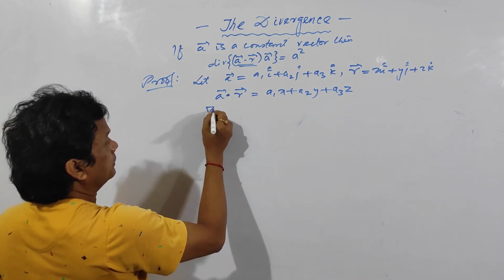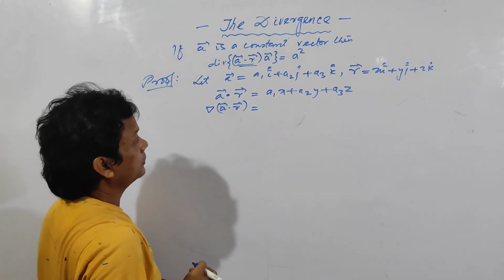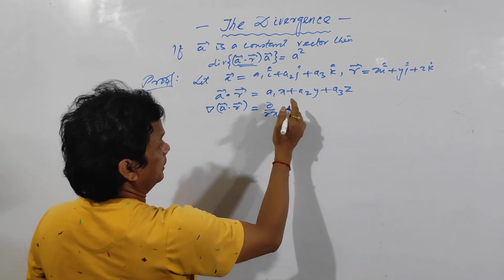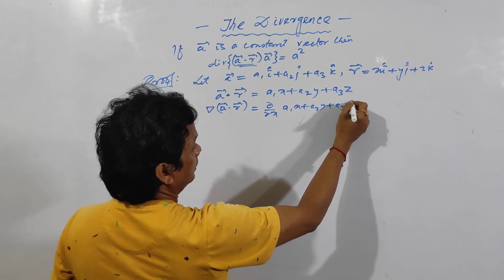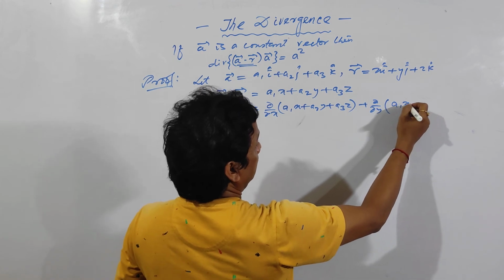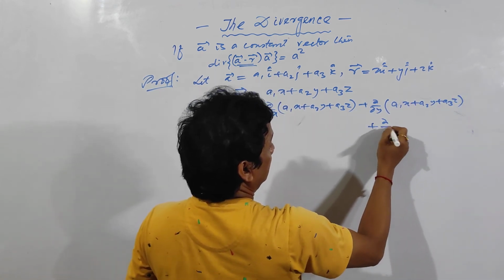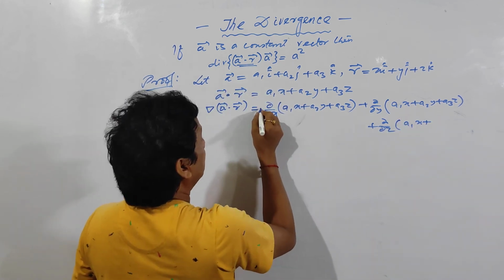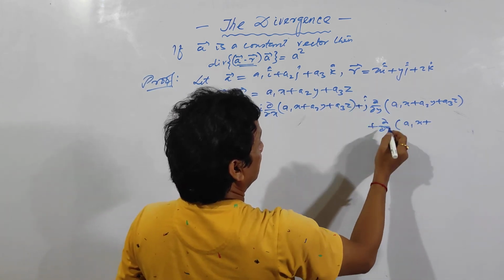Now, what is the grad of A dot r? Grad of A dot r means del by del x of this one, a1x plus a2y plus a3z, plus del by del y of a1x plus a2y plus a3z, plus del by del z of a1x plus a2y plus a3z, and it is gradient, so i cap, j cap, k cap.